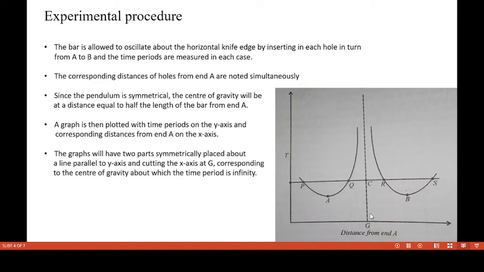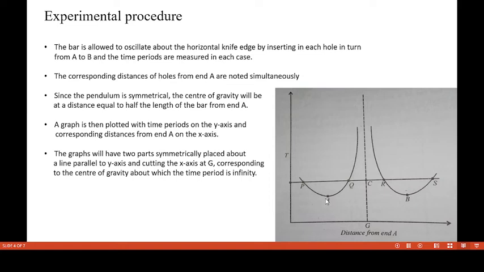So this is the point which corresponds to minimum time period from the curve. There is no other point below this point for which there will be another time period. The distance from this point to the center of gravity, which is AG, corresponds to k. So this distance l should be equal to small k.